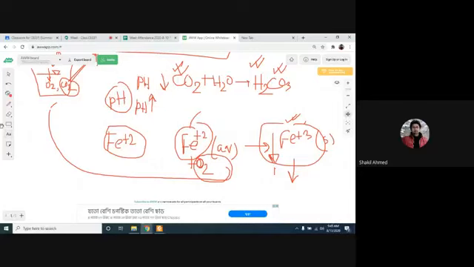This is actually ferrous and this is ferric form. Ferrous and ferric, this is oxidized.